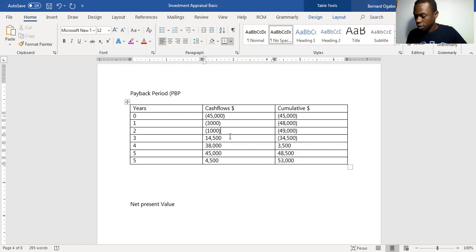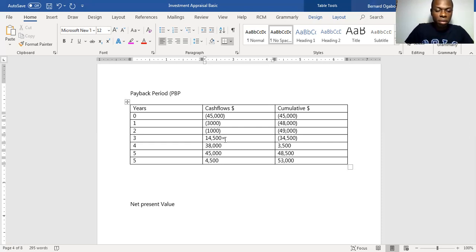Instead, I have 4,000 in loss. So I say that 4,000 plus 14,500, as at year 3, I will recover 10,500. How did I get 10,500 in this place?